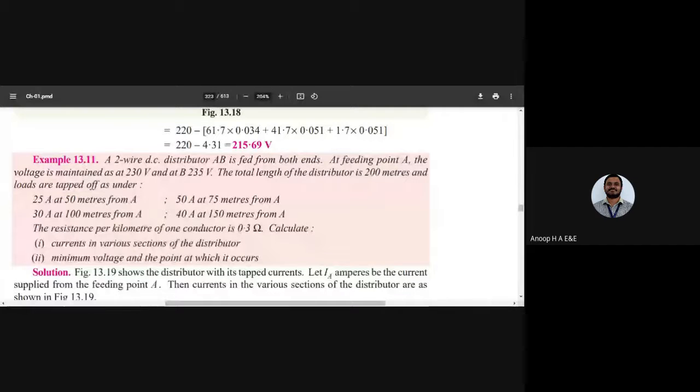A two-wire DC distributor AB is fed at both ends. At feeding point A, the voltage is maintained at 230 volt, and at B it is 235 volt. The total length of the distributor is 200 meters, and the tapping is taken like this.